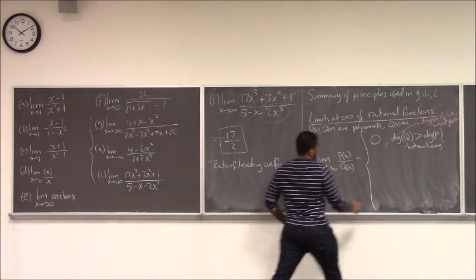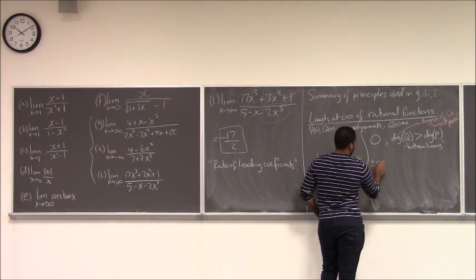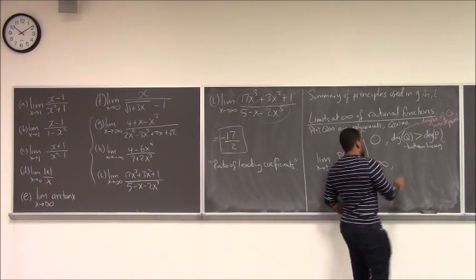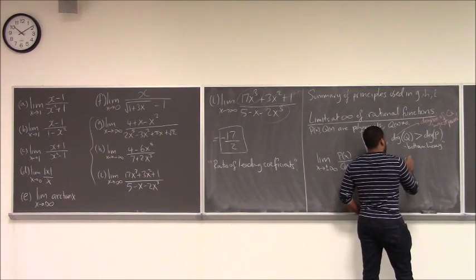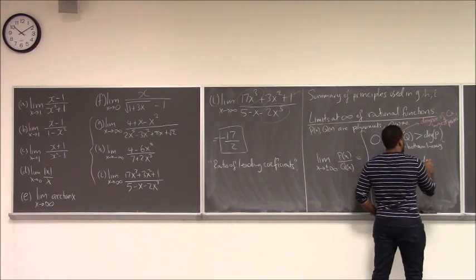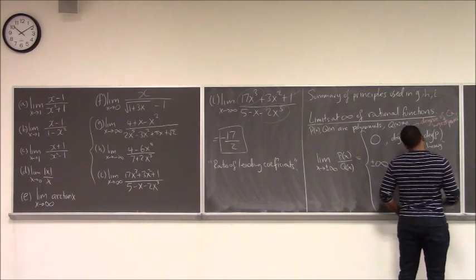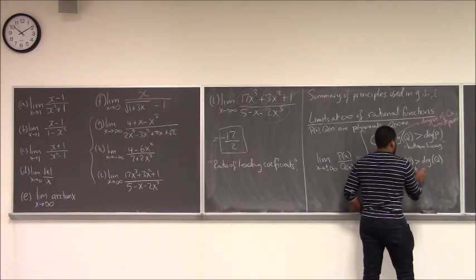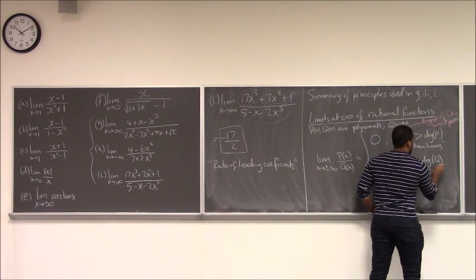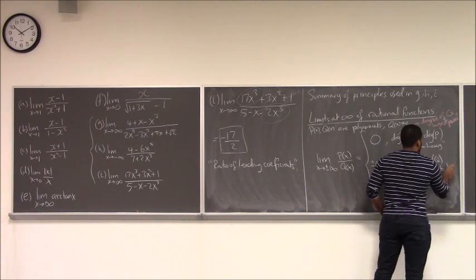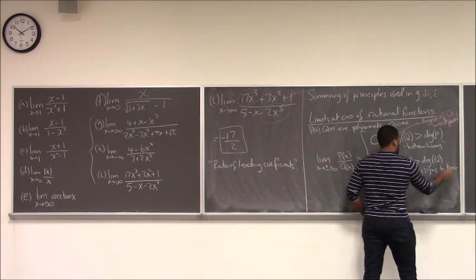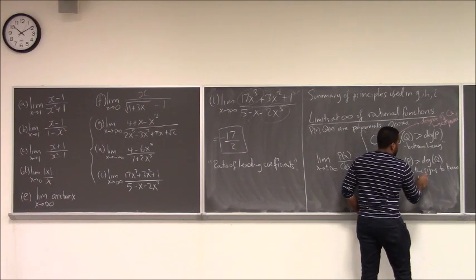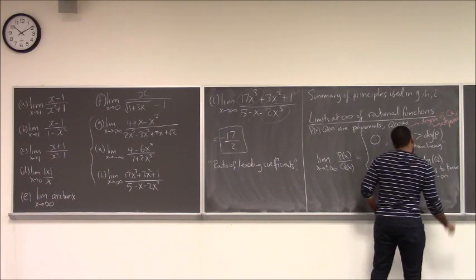Another option is you can get plus or minus infinity. This is if the degree of P is larger than the degree of Q. And you have to watch the signs to know if it is plus infinity or minus infinity.